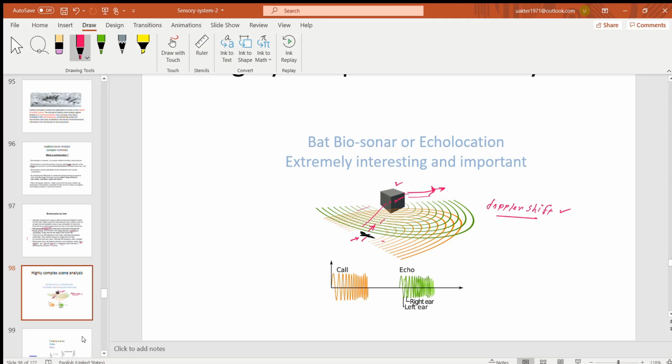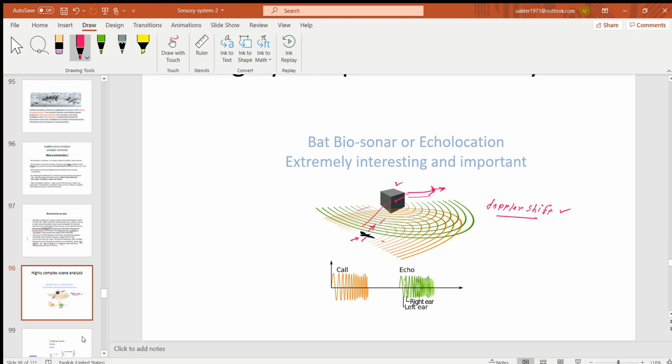However, in most cases the prey, like insects, are also moving or flying, and that makes the process more complicated. However, the bat's brain is extremely sophisticated to process flight-to-flight information too.